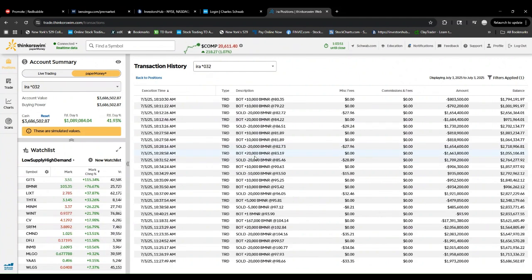Here we go, another one, 20,000 at 10:28 a.m. Bought it at 83.19, sold it at 85.46. So that's about $2.25 on that, so that's 40,000 plus.